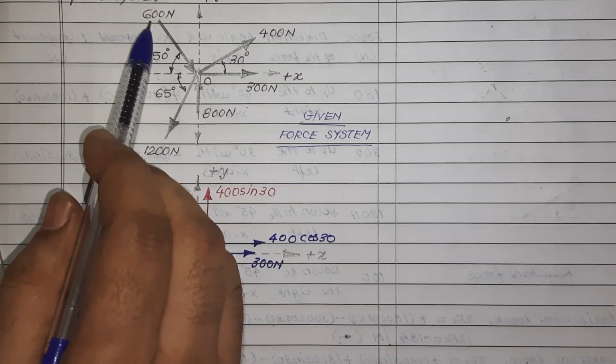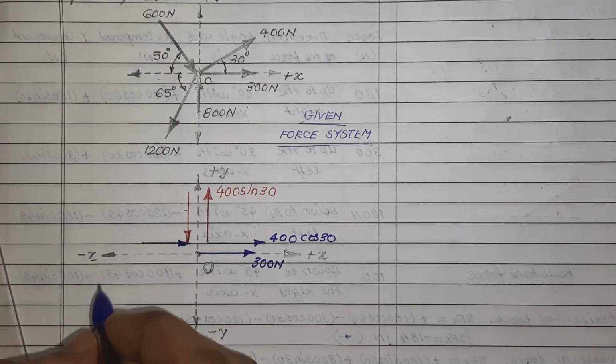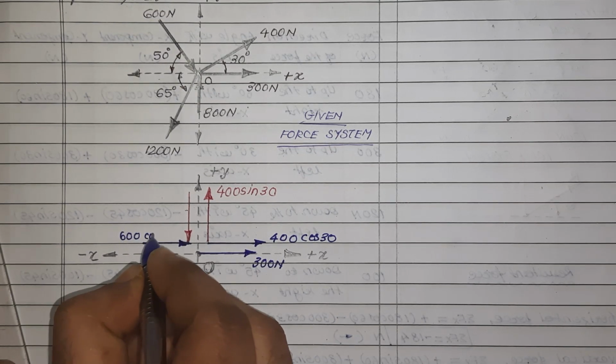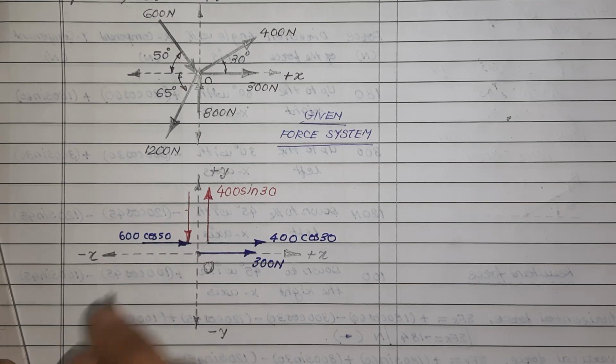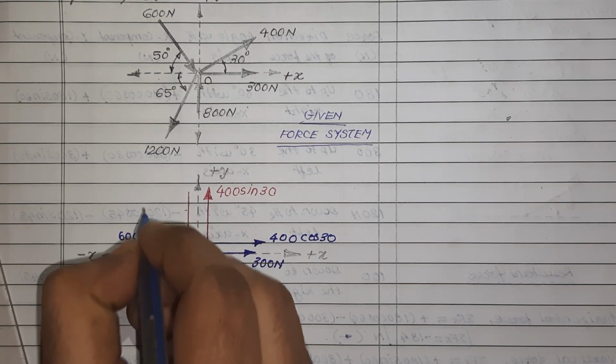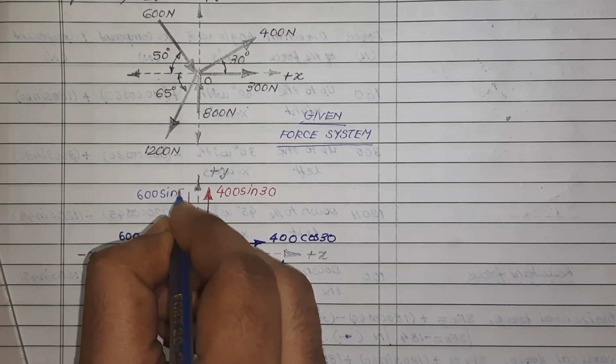Angle made by 600 Newton is 50 degree with x-axis. Hence, its x component will be 600 cos 50 and y component will be 600 sin 50.